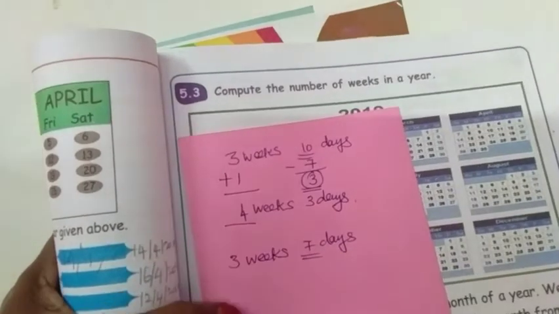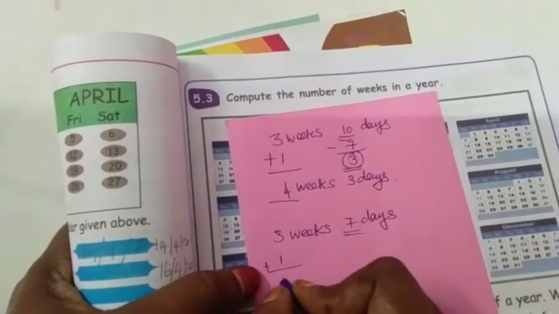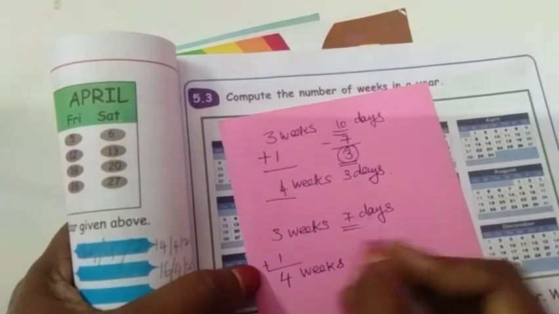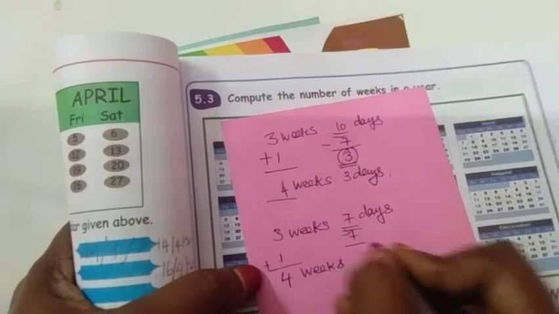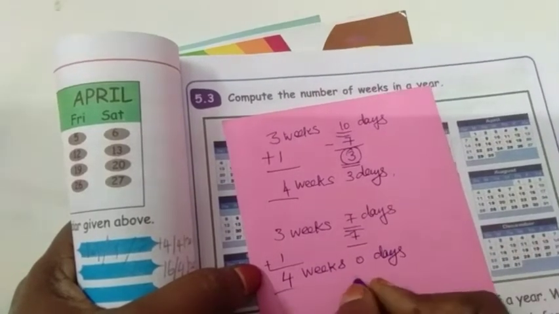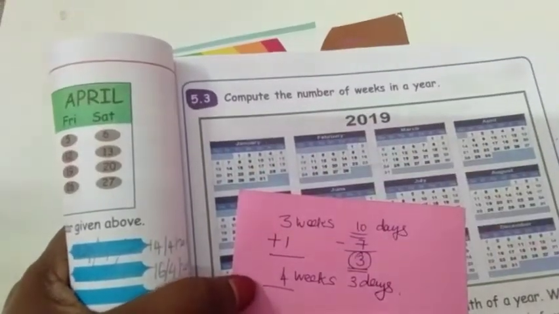So 7 days means 1 week. So you can add 1 to this. So it consists of 4 weeks. How many days? So 7 minus 7, 0. So 0 days. So like this we have to calculate for all other months.